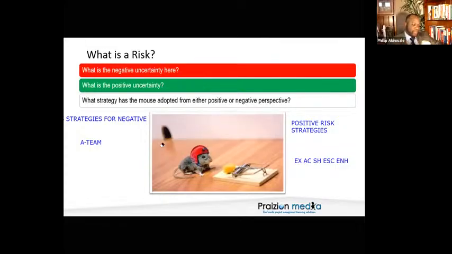Avoid on the negative, exploit on the positive, transfer on the negative, share on the positive, mitigate on the negative, enhance on the positive, and accept for whatever negative or positive. So it is good to be aware that this stuff right here can be used for either your individual project risk, or overall project risk.